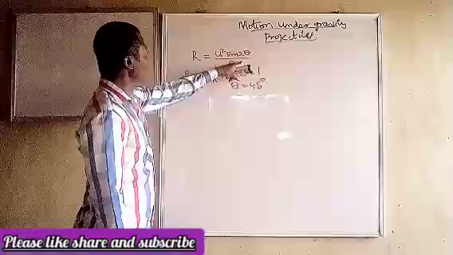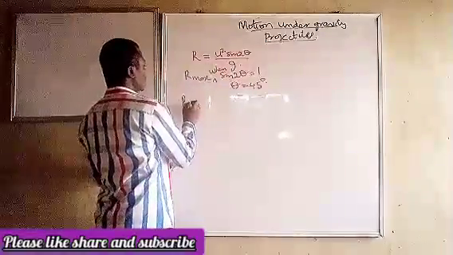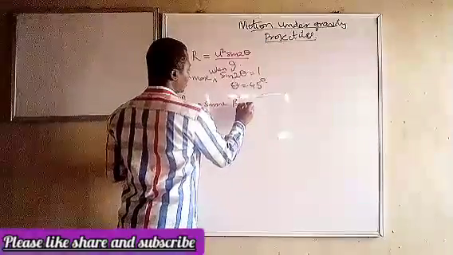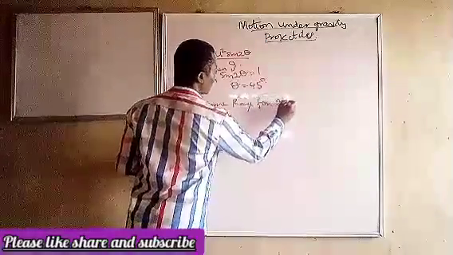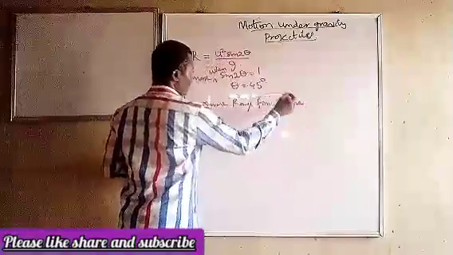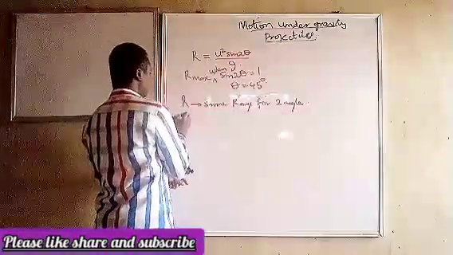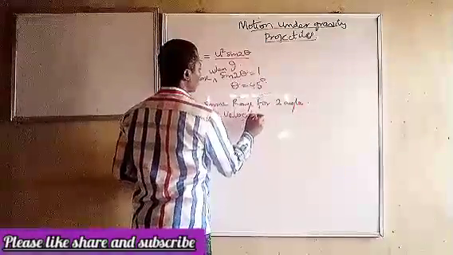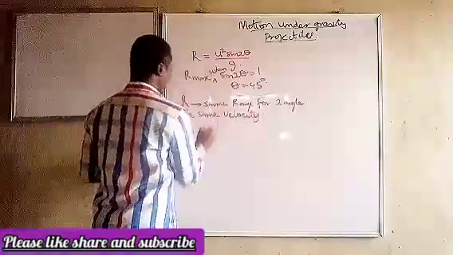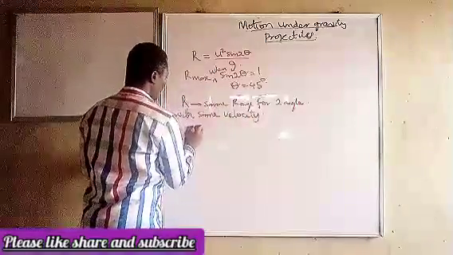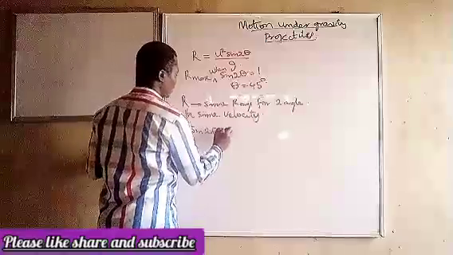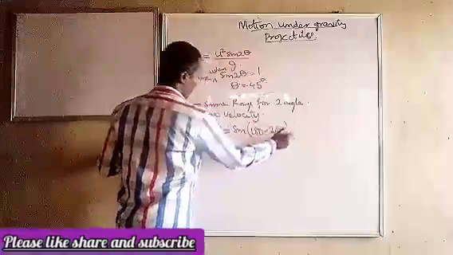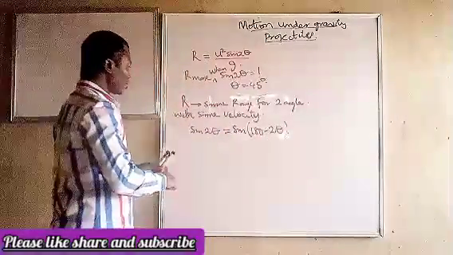But for this R, you can have the same range for two angles with the same velocity. How? If you look at this, sine 2 theta is also equal to sine of 180 minus 2 theta, you know, in our trigonometric identities.